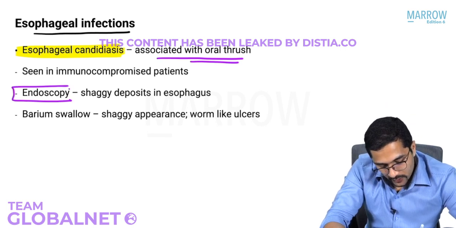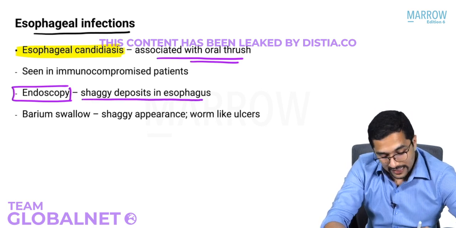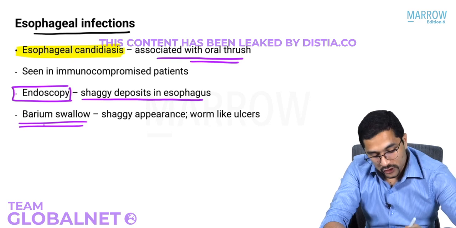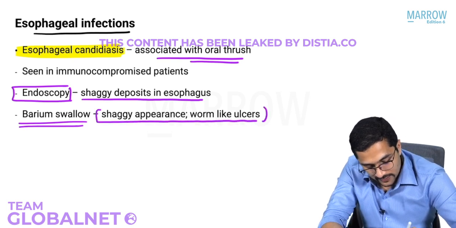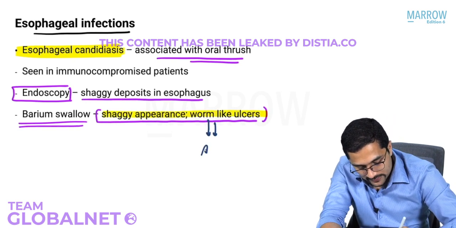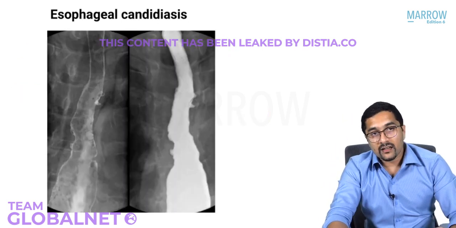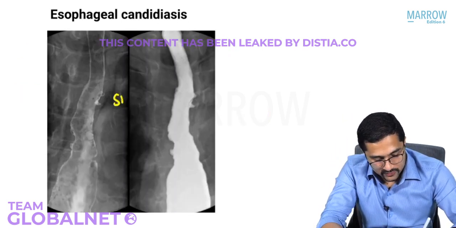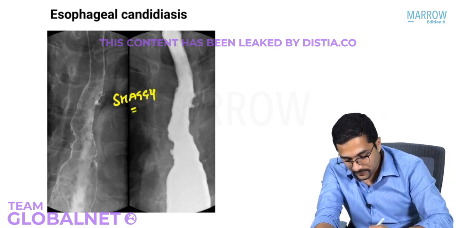On endoscopy, you will see shaggy deposits in the esophagus, and barium swallow will show a shaggy appearance and worm-like ulcers, which have been described as being similar to varices. So this is what you can see here: a shaggy appearance or worm-like ulcers in esophageal candidiasis.